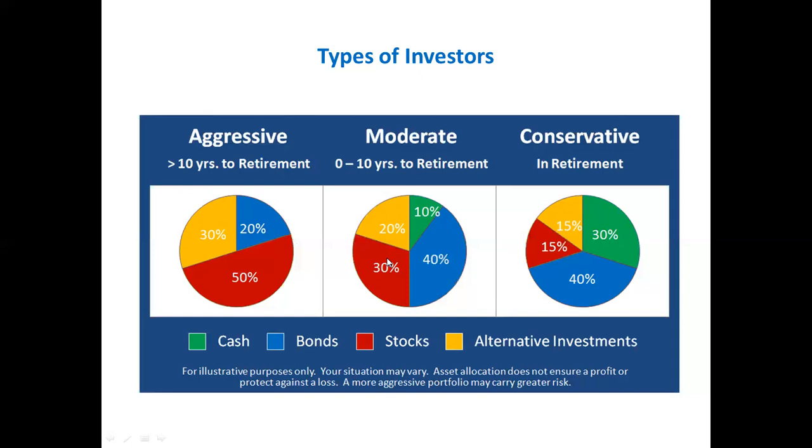This range can differ, but if you compare the pie charts for an aggressive investor and a moderate investor, you would see that investment in equities is high for an aggressive investor, whereas it is a bit less for a moderate investor. Similarly, the equities investment for a conservative investor is pretty low compared to what moderate and aggressive investors have invested, right? So the cash allocation is quite high for this conservative investor.